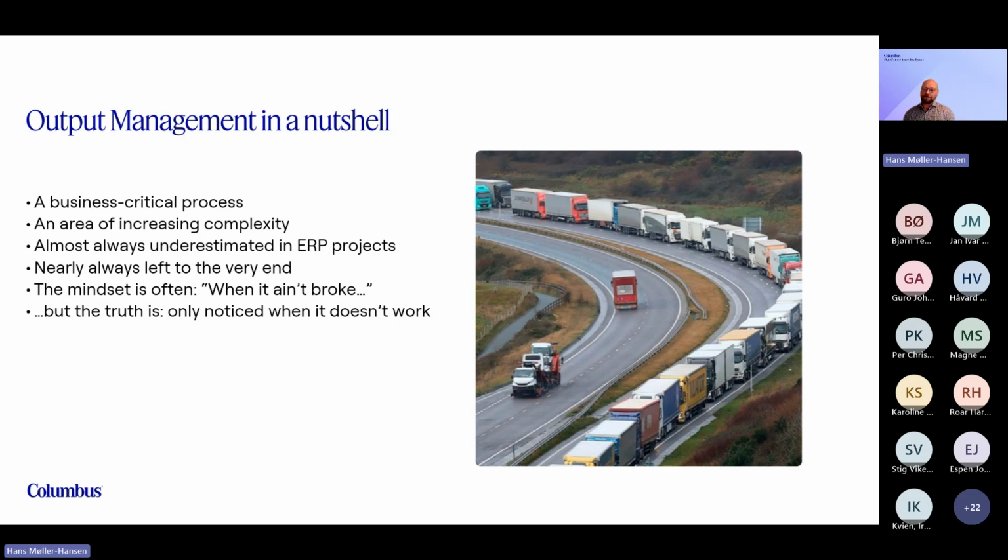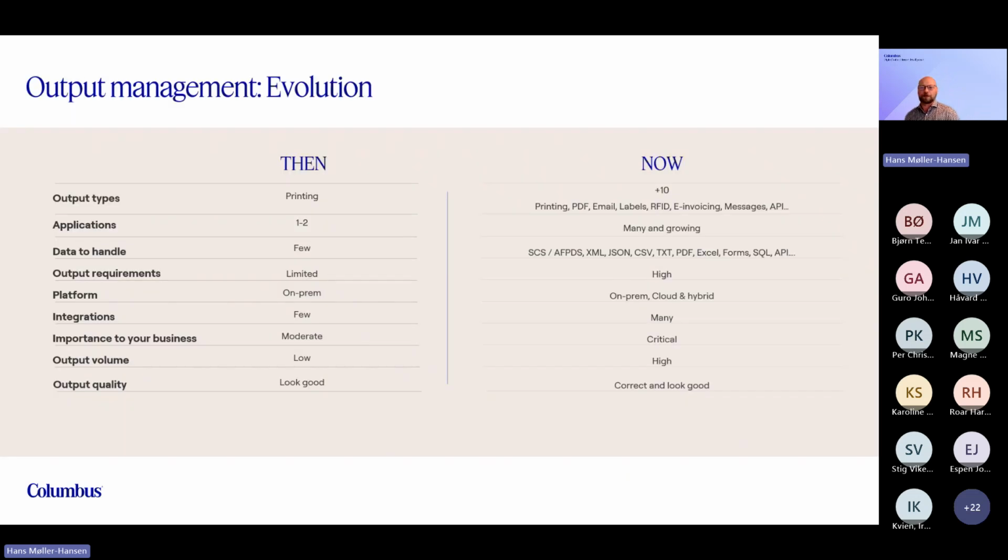And the important thing is, with output, no one really cares about it or notices that it's going on until it doesn't work anymore. That's when it becomes critical. So it is critical. It's underneath everything we do in our business, but we don't notice it when it's working. But again, when it doesn't, we see things queue up.